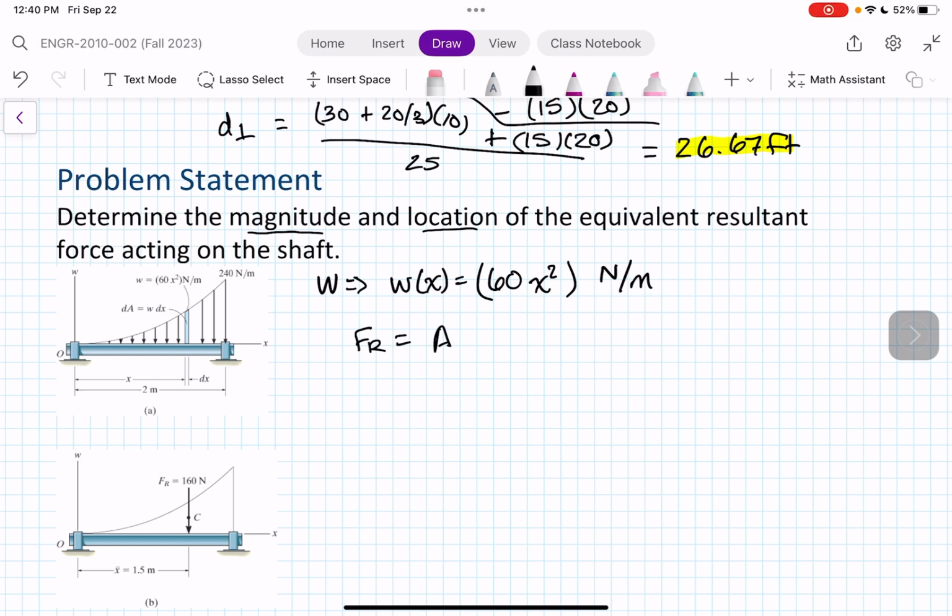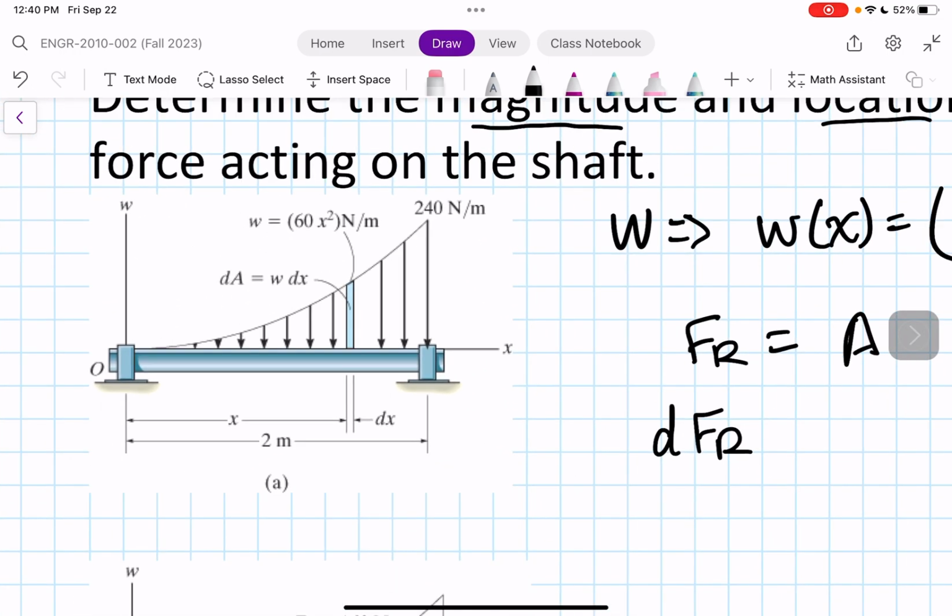With the function, we have dFr. With calculus, we can remember that when we take the integral under this curve, that is how we find the area. Essentially it's saying there are very, very small rectangles of width dx and of height the function.